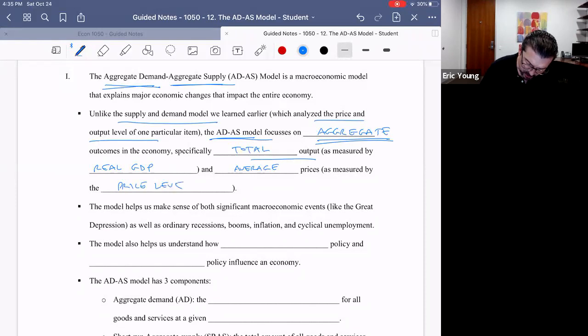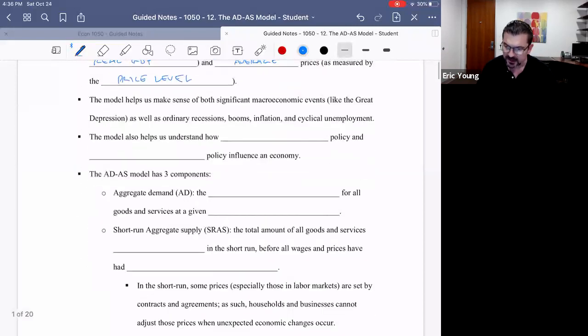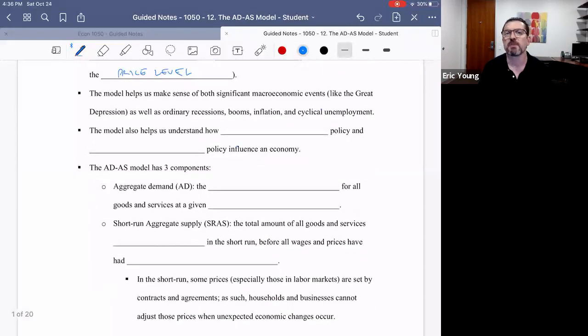So what we're going to do is take some of those early variables that we studied in macro, the inflation rate, the price level, and the output rate, the real GDP, and we're going to be bringing those back in together into the ADAS model, okay? Once we put it all together, this model is going to help us make sense of a few important things.